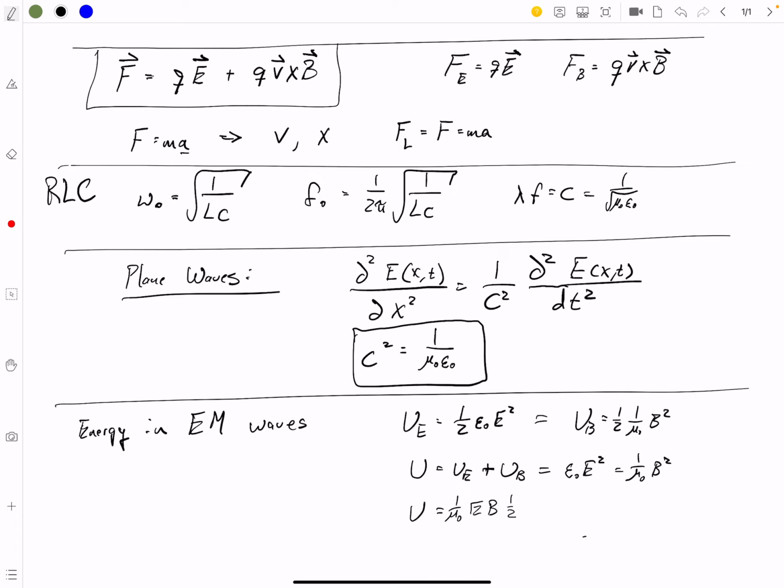Does that work? I think that's it. Yeah, I think that's it. Why are we dividing by 2? No, that is not it.